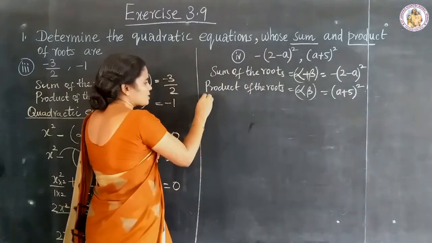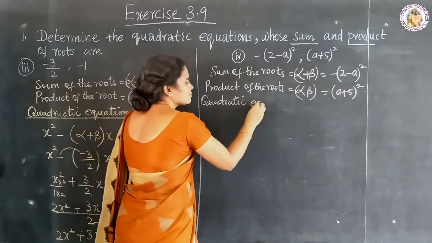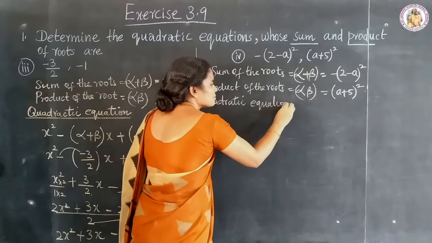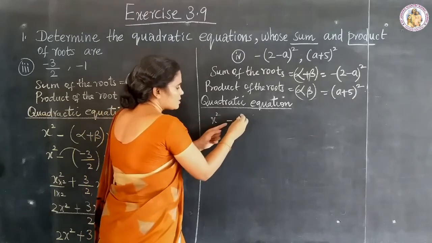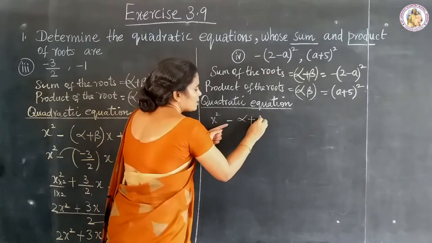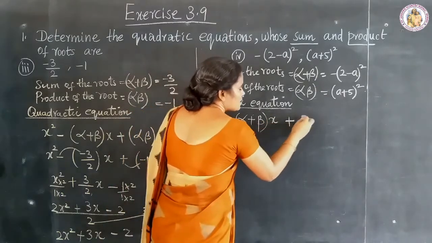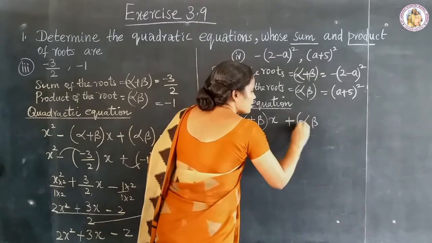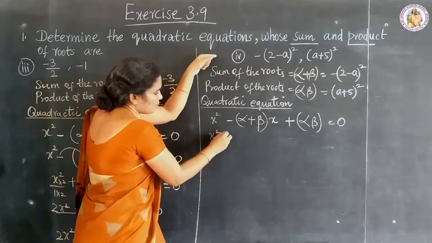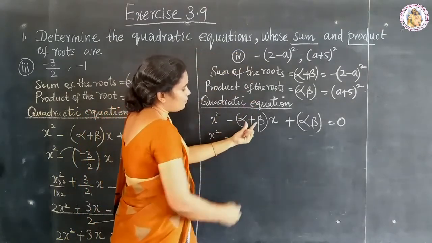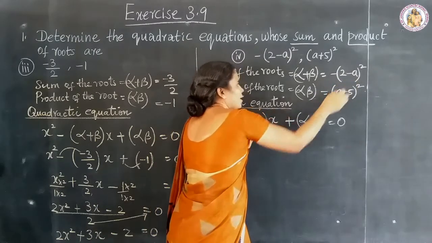So the quadratic equation is x square minus sum of the roots, alpha plus beta, x plus product of the roots is equal to 0. So x square minus alpha plus beta, here we have minus 2 minus a whole square.